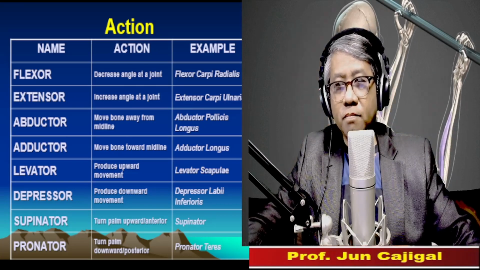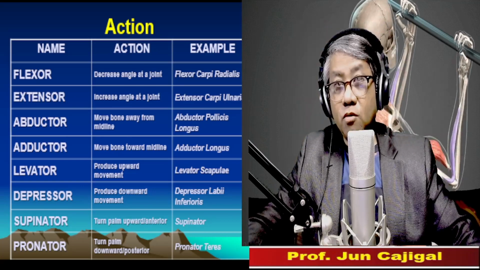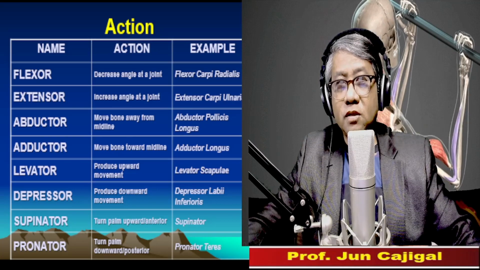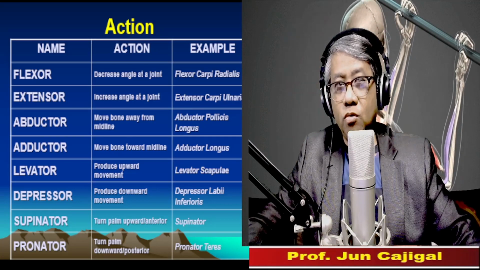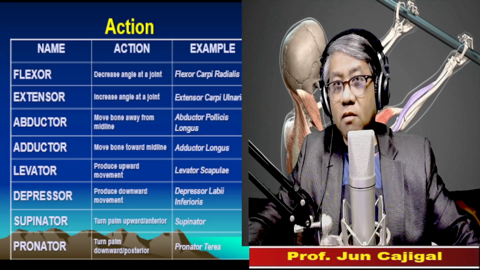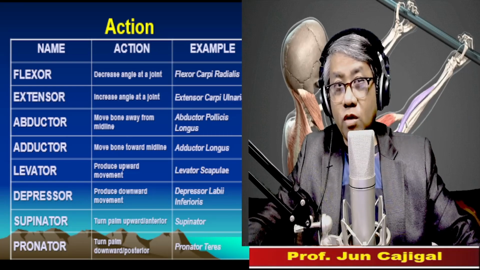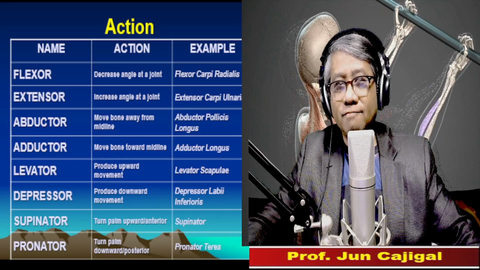The opposite of that is a depressor muscle that produces downward movement. So again, if you will notice, muscle movement involves two muscles working in pairs and in opposite ways. So that's what we call antagonistic muscle action.